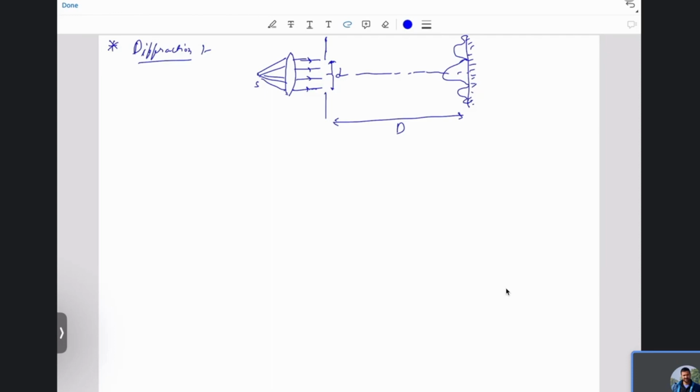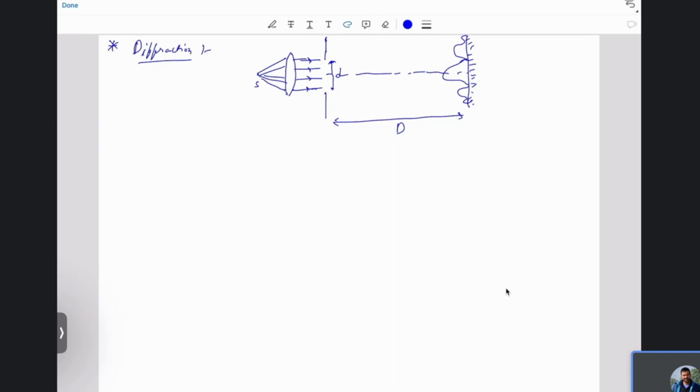Now, physically there is not that much difference between interference and diffraction. It's just the result that we call. From a single slit, the result we call a diffraction pattern. From a double slit, we call it interference. Now, suppose you have 3, 4, n slits, then what will you call it?